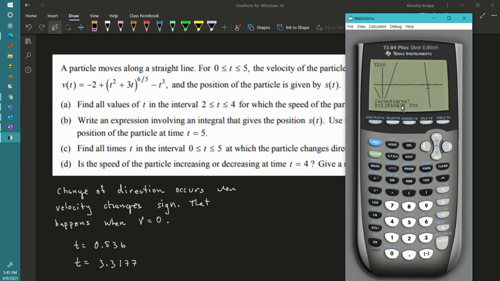My second curve is y equals 0. Okay. And then where it tells you to guess because it wants you to get close in case there's multiple intersections. It wants you to get close to the one you want. So that's what I've done. And there's our second intersection, 3.1, or there it is. Okay. And so there's our two intersections, and that's where the particle changes direction.